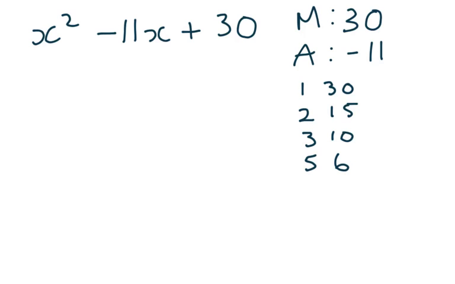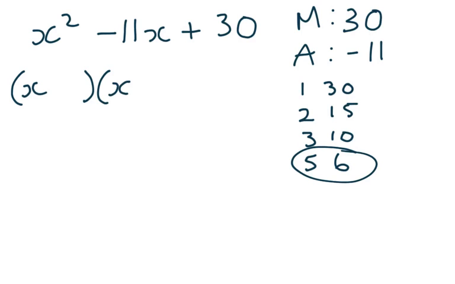Now 5 and 6 have a difference of 11, but this time, to get positive 30, both brackets either have to be positive or both brackets have to be negative. Now it would make sense in this case because the negative 11 is there, it would be both takes.